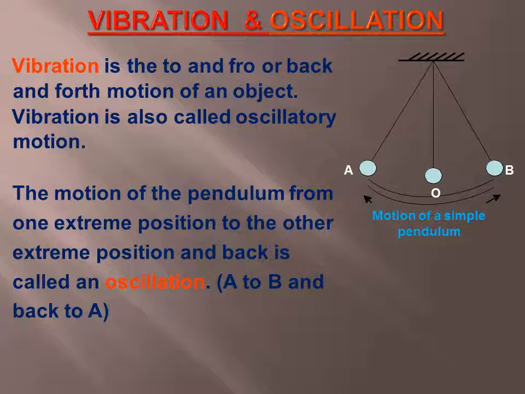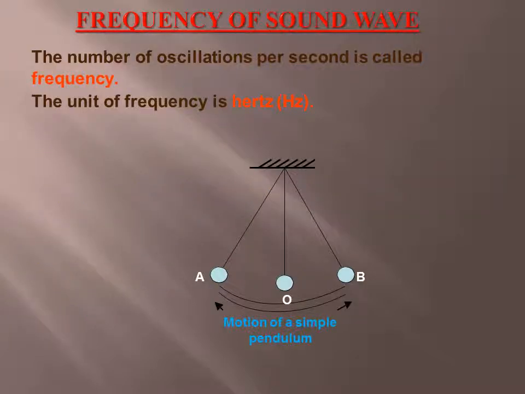Now we will move to another topic, frequency of a sound wave or oscillation. The number of oscillations per second is called frequency. That means in a second, when the oscillation increases, the vibration also increases.